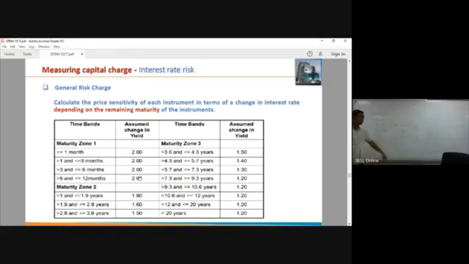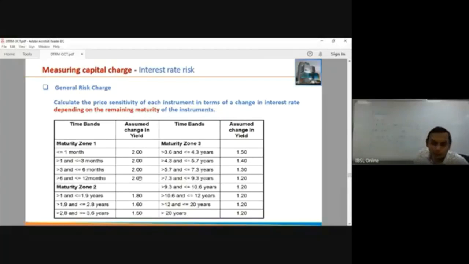Now, same example. Say it's not a treasury bill, this is a treasury bond. Then I don't want to use that example, because for a treasury bond the formula is totally different.